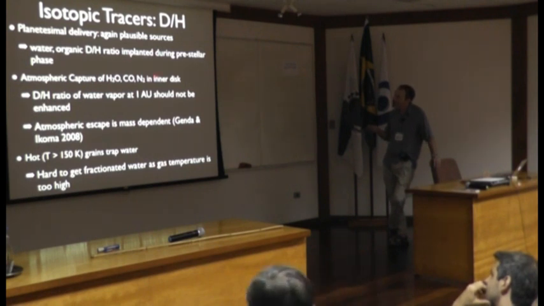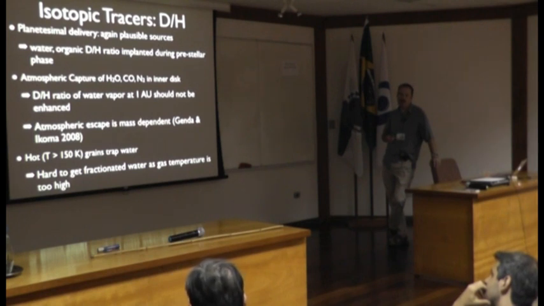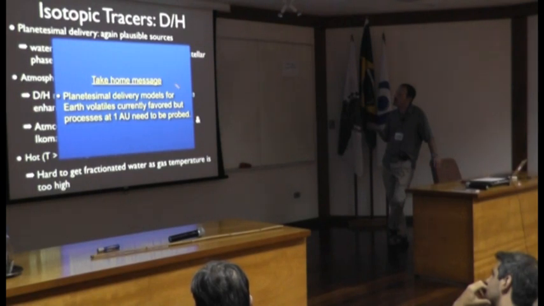It actually can rule out atmospheric capture because the D/H ratio of any water should have been lower than that, although atmospheric escape can lose the hydrogen and not the deuterium. And this other model for how you make water would not be fractionated. Okay, so planetesimal delivery models really are consistent with most of our data right now.